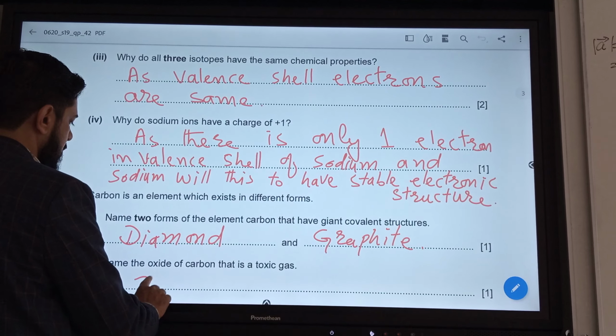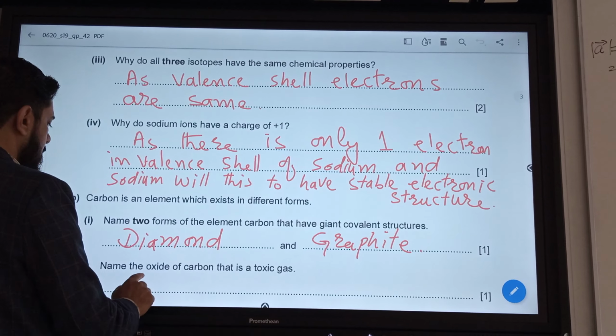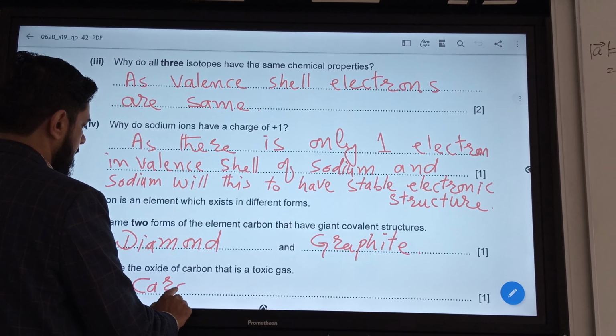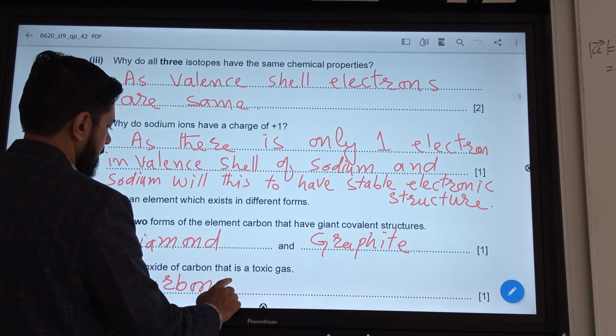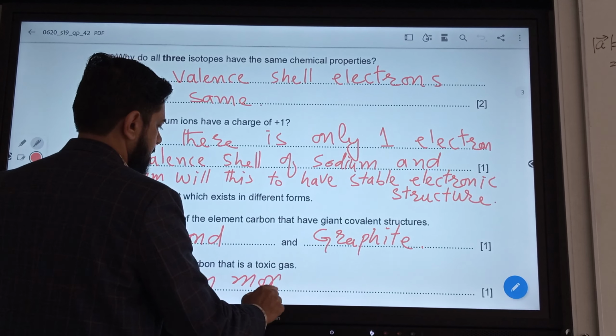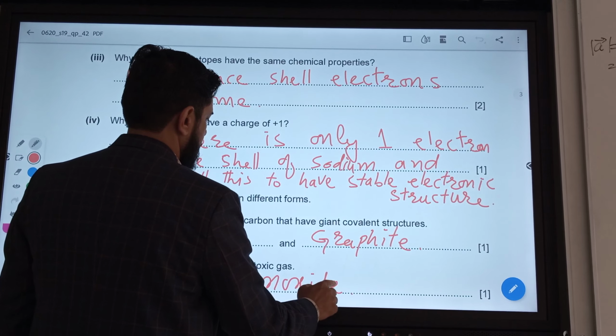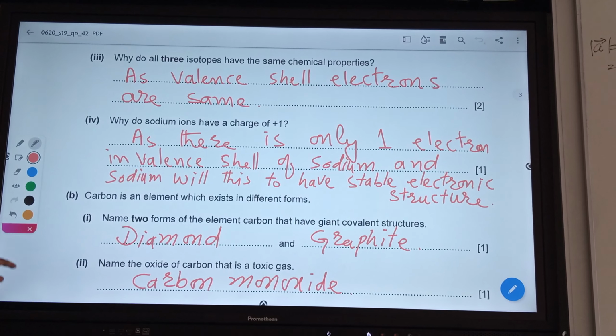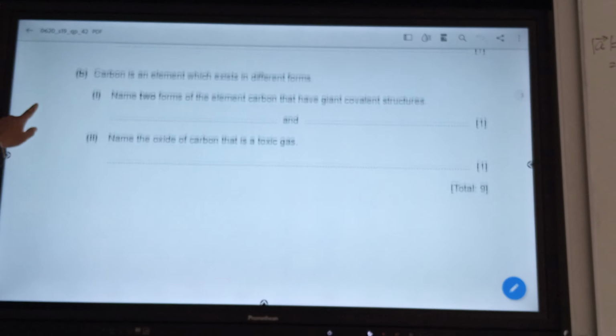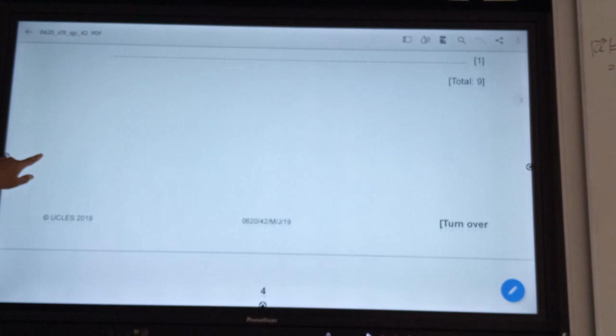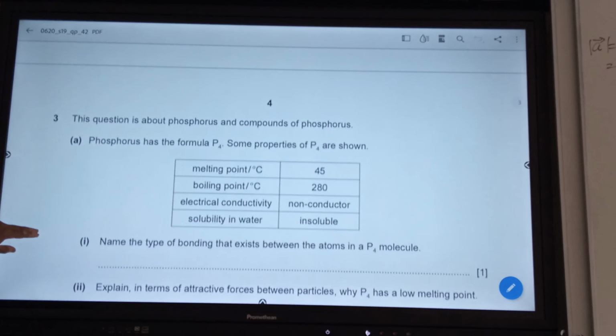The answer for this question is carbon monoxide. So the question is complete over here, and we are proceeding to the next part.